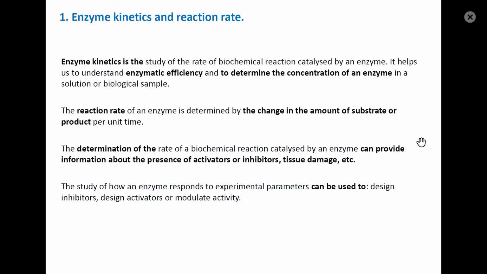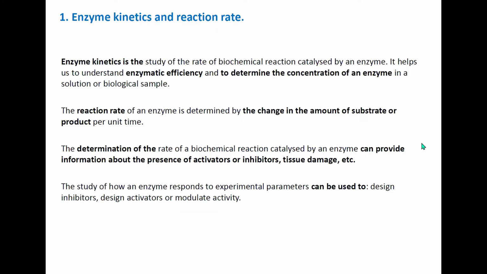So enzyme kinetics is the study of the rate of biochemical reactions by an enzyme. When you say it's the study of the rate of biochemical reactions, it means how fast or how slow an enzyme is catalyzing substrate to product, and that is enzyme kinetics.